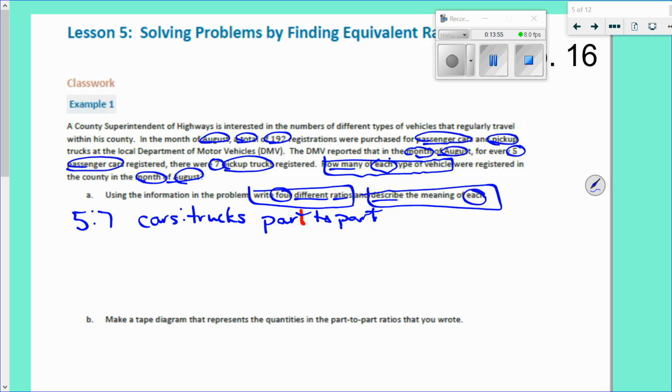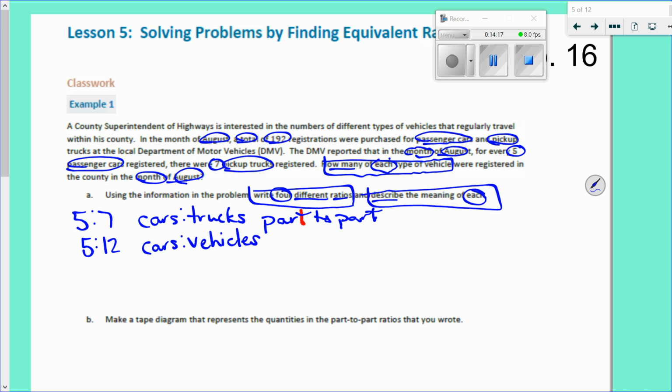Good. Now, I really like the fact that she's brought this one up. Because 5 is cars, but what's 12? What if we have cars and trucks, we put those all together, what would we call them? Vehicles. Awesome. I love that description.